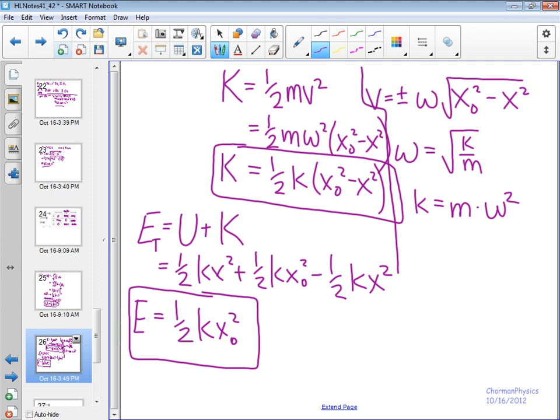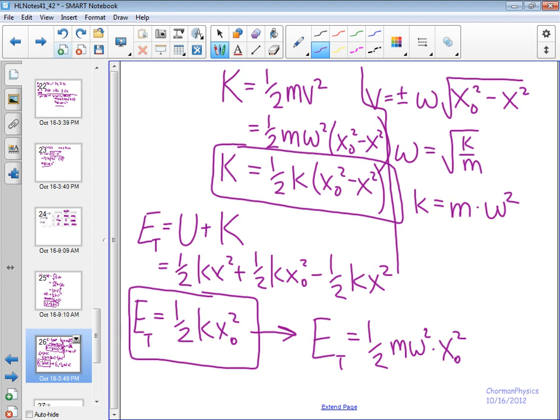And sometimes this may also look like the following. Actually, let's rewrite this E total, just so you don't get confused. The total energy can also be rewritten as that. You will also see that. Know that the difference between the total energy and the potential energy is the displacement at any point.